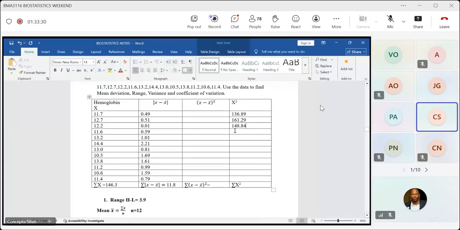11.6 squared is 134.56. The other one is 174.24.